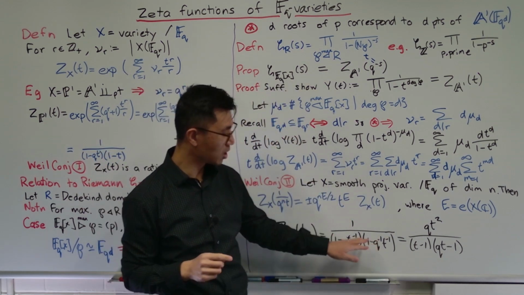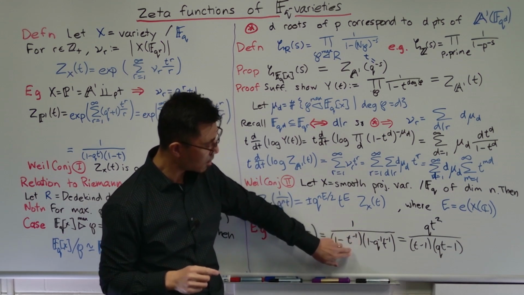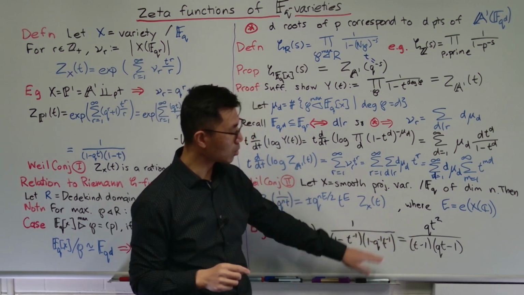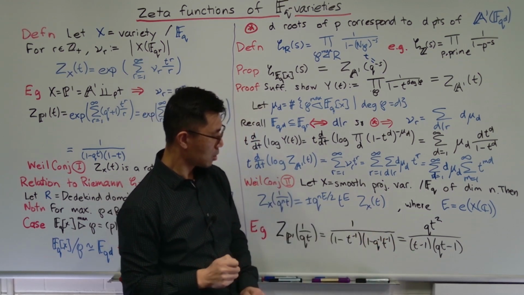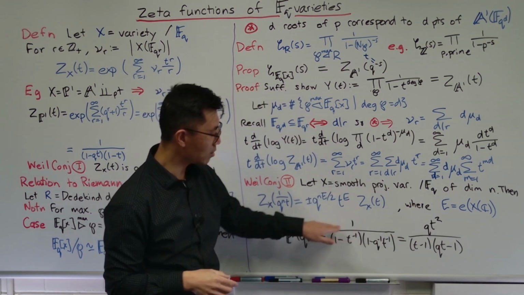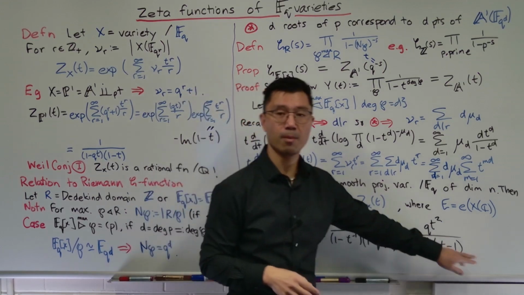So what we'll do is we'll just clear the denominators on the top and bottom. To get rid of this t inverse here, we'll multiply top and bottom by t. And to get rid of the q inverse and t inverse, we'll multiply top and bottom by qt. So at the end of the day, you've multiplied by qt squared. And then what you'll have here is you multiply by t, you get t minus 1. You've multiplied by qt here, you get qt minus 1.